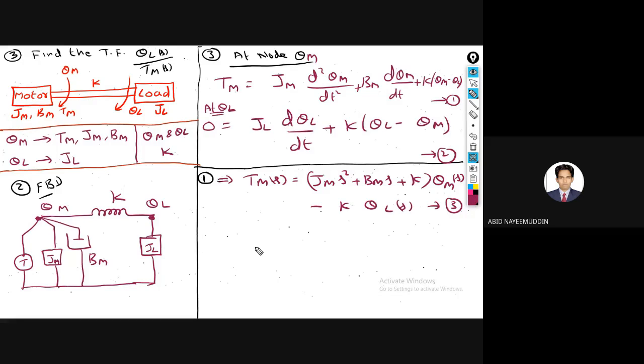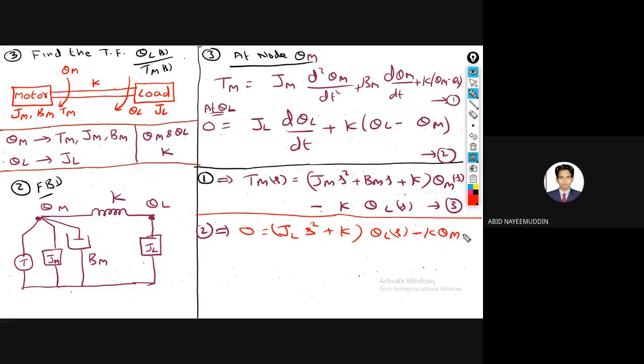Equation 3. And equation 2 implies, if you apply Laplace, 0 is equal to Jl s square plus K into theta l of s minus K into theta m of s.